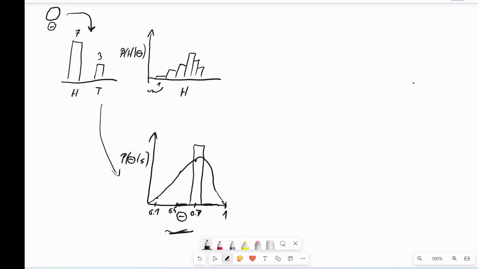Well, you can already say that's probably not so super likely. I mean, we have observed 7 heads out of 10 flips, but that doesn't mean that we think there's absolutely no chance that this can be a fair coin that has a 0.5 chance of coming up heads. And if we take it even more to the extreme, if we say we only rely on what we have seen, then somebody might also argue maybe it should look like this.